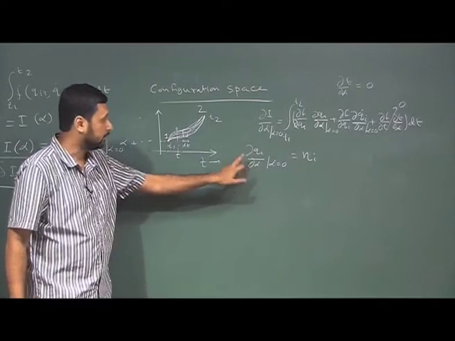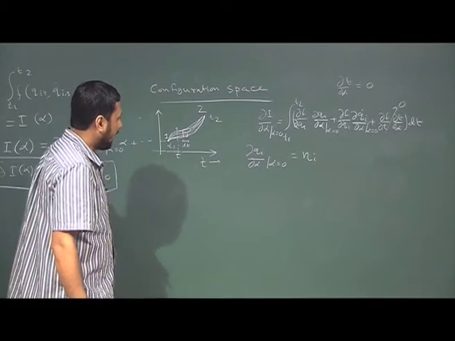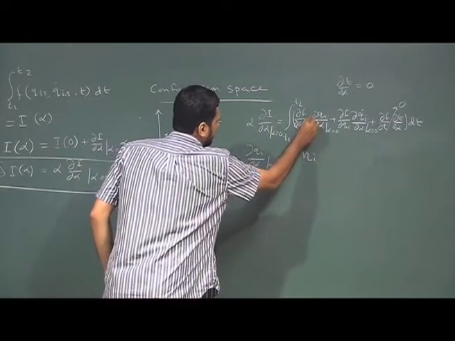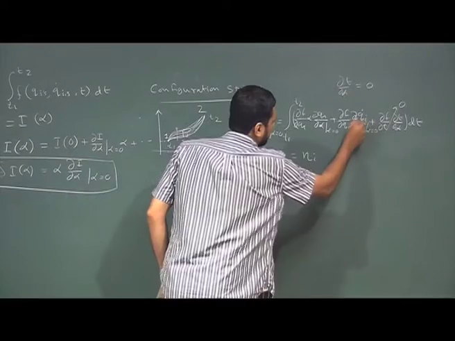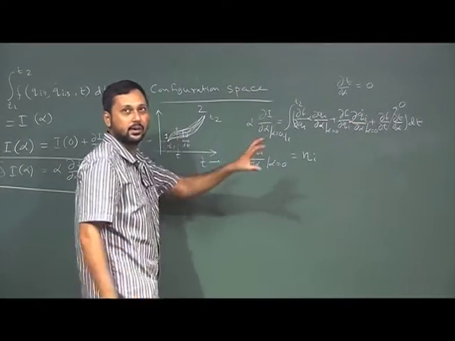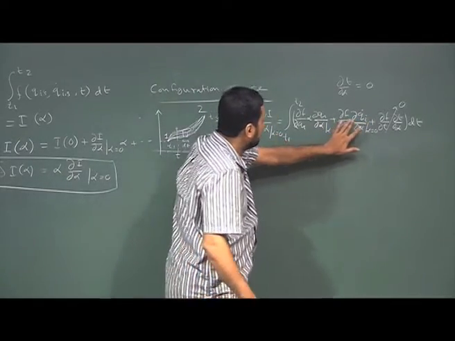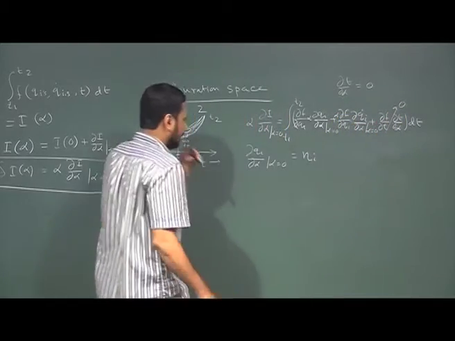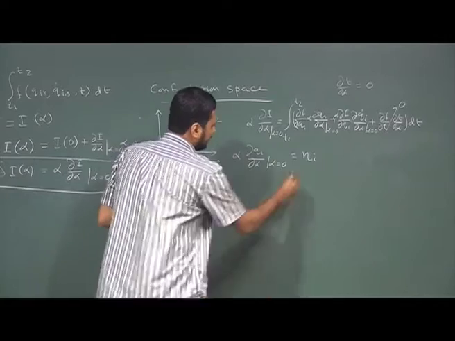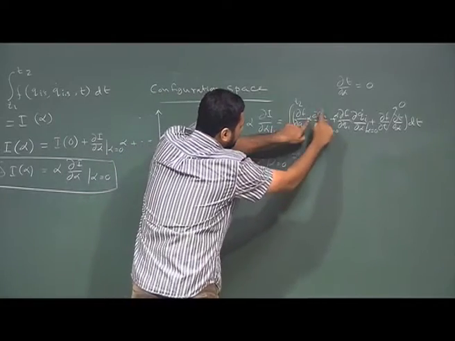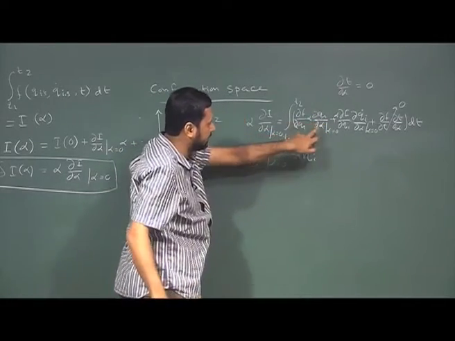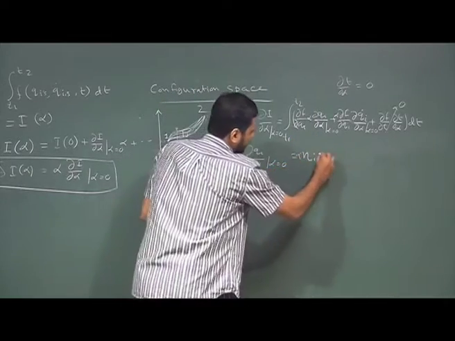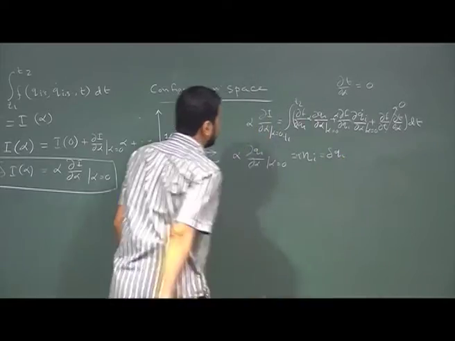If I multiply this with alpha, alpha times del q_i del alpha is equal to alpha times eta_i, which is equal to delta q_i, right.